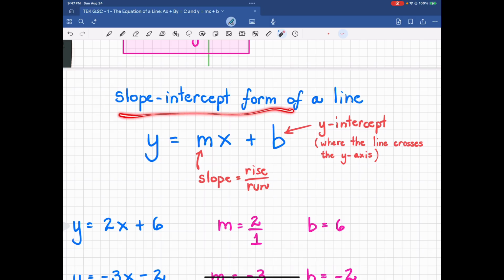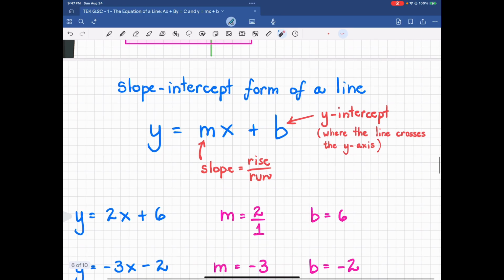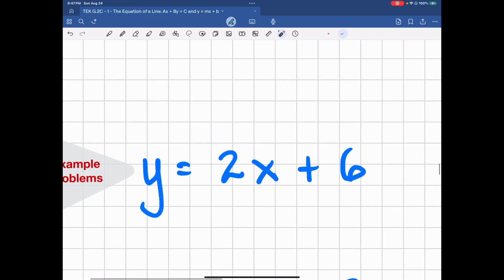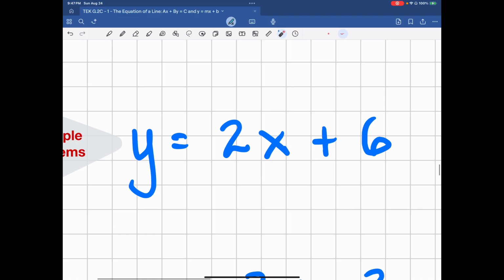So y equals mx plus b is called the slope-intercept form because just by looking at it, you know what the slope is and you know what the y-intercept is. Okay? Let's look at some examples. This equation right here, y equals 2x plus 6. This is in slope-intercept form.